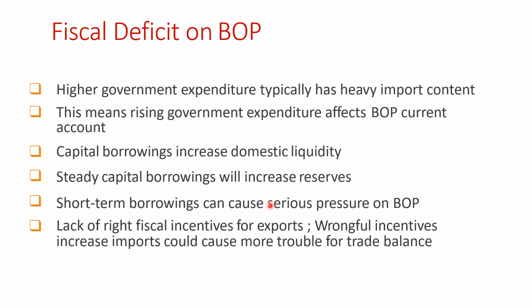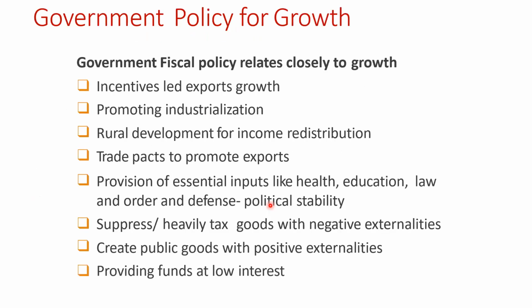Now you have to explain how to achieve a positive balance of payment in a country in recession. Okay, then you have to explain these terms. Then government policy for growth. Then what kind of growth are we considering? Mainly incentive-led export growth.